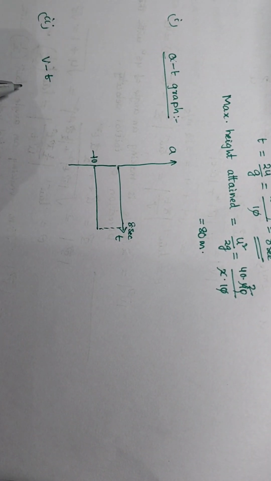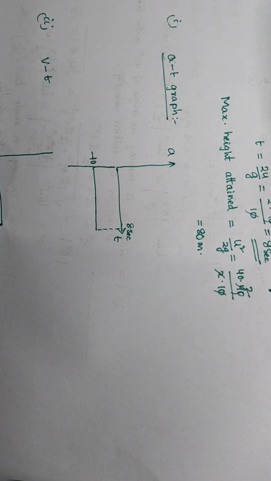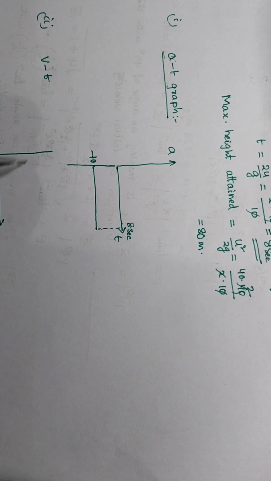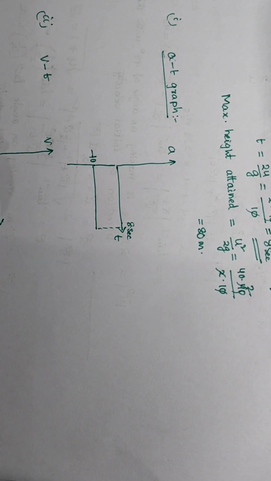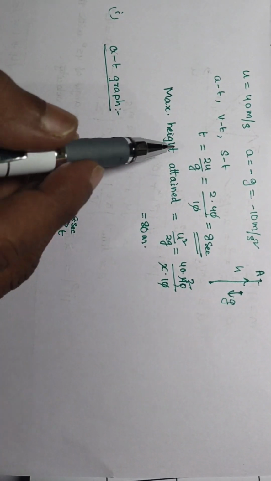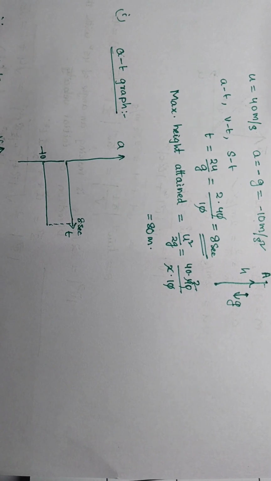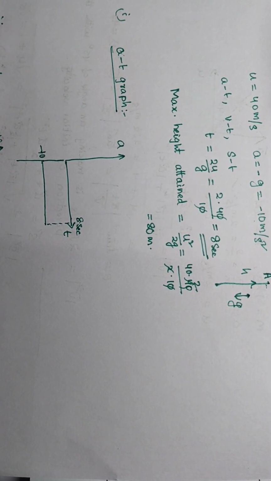Now let us draw the graph of VT. Here, t is on the x-axis and v is on the y-axis. In the entire journey the velocity gradually decreases, and the starting velocity is positive 40 at time t equal to 0.